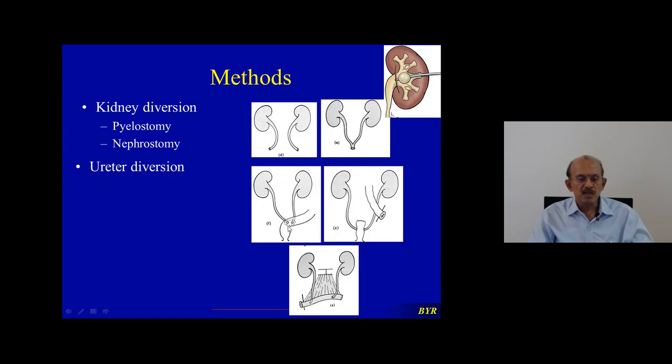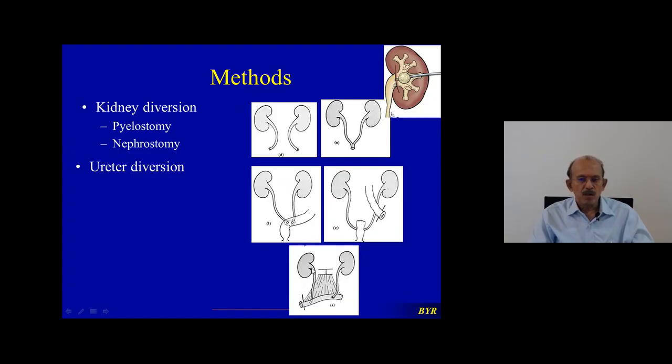Because feces also come here, fecal bacteria can enter these ureters and cause pyelonephritis. To avoid this problem, you can modify this procedure. You can do colostomy for fecal drainage and then use the rectum for bladder drainage. This is called rectal bladder.